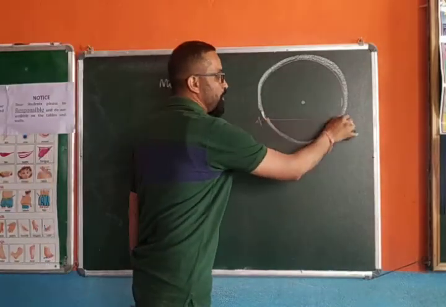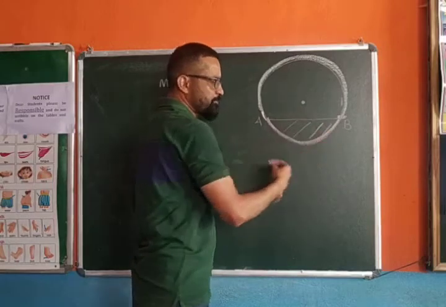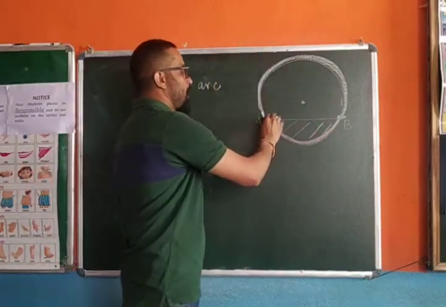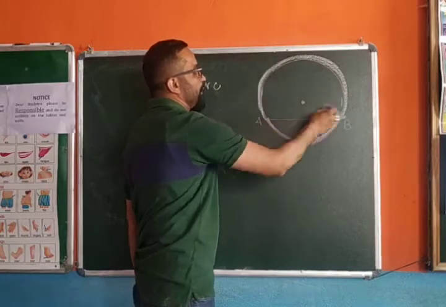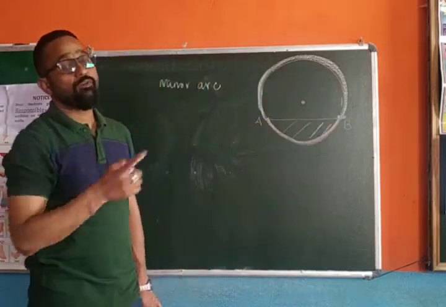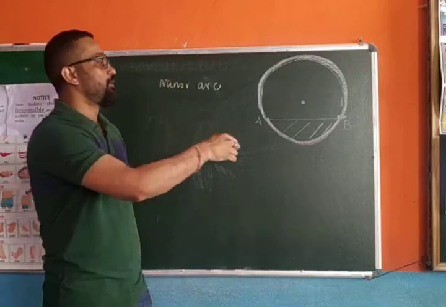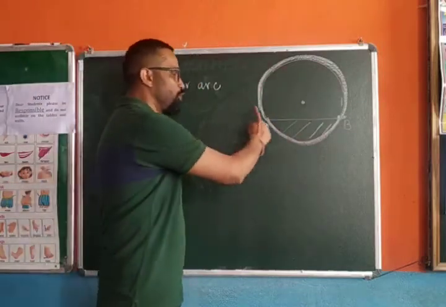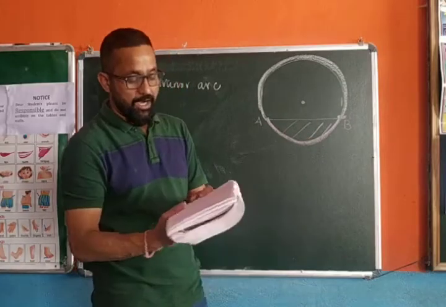So this AB lower part is less than half of the whole arc, and upper part is more than 1/2 of the whole arc. So upper one is called major arc, lower one is called minor arc.